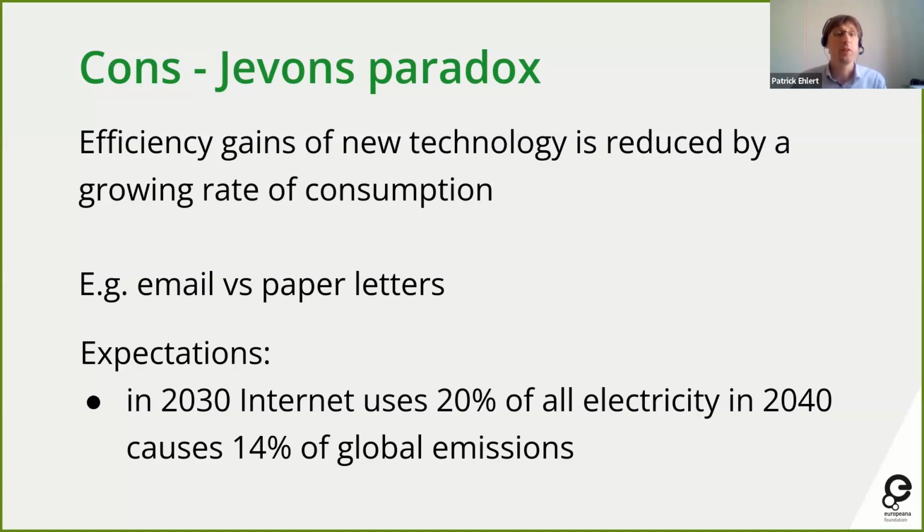And I already mentioned briefly the Jevons paradox. The efficiency gain of a new technology is reduced because it becomes popular and people start using it more and more. And yeah, just a good example here is think back about the world before internet. It's for the people who are a bit older, maybe.